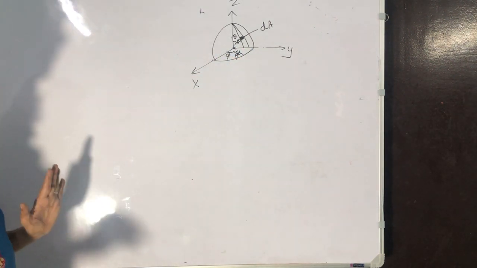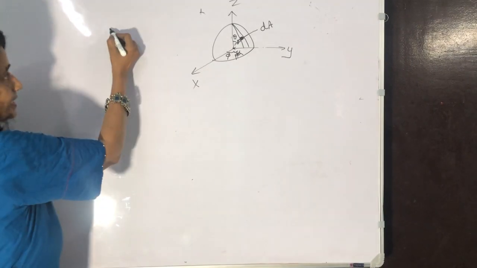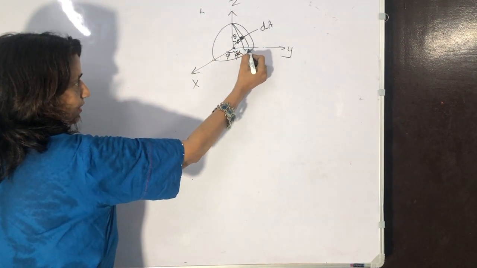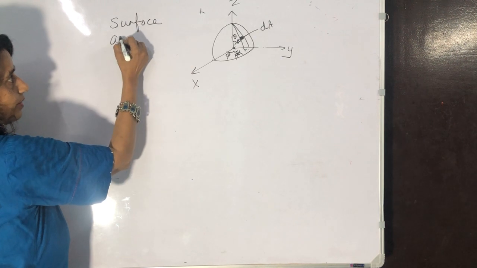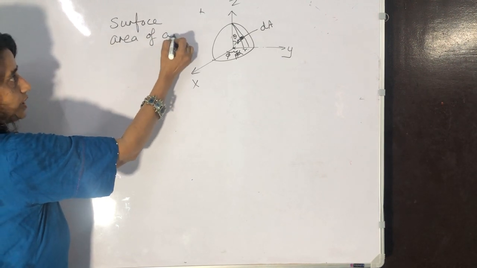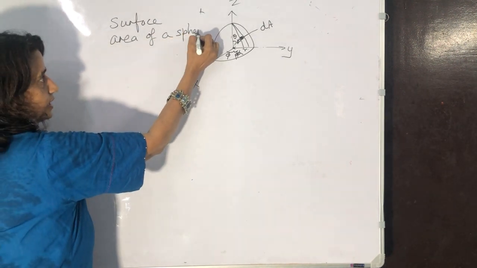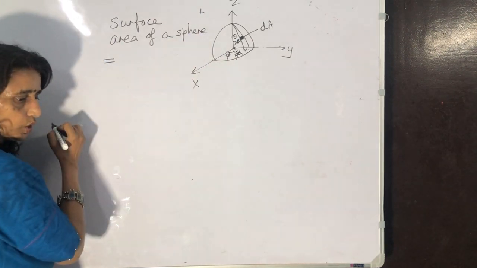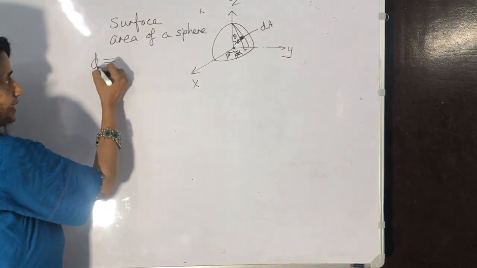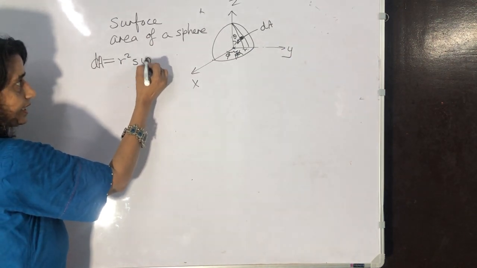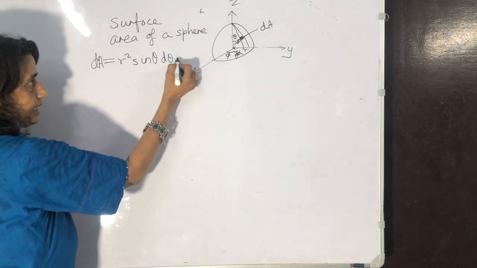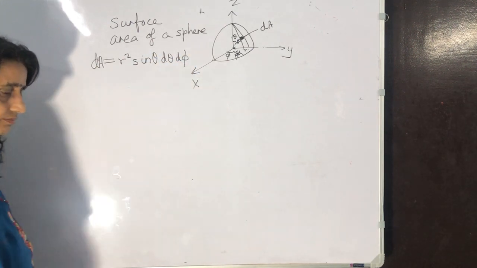You only need to memorize that. And the radius is r, of course. So dA, the surface area element of a sphere, is r square sine theta d theta d phi.